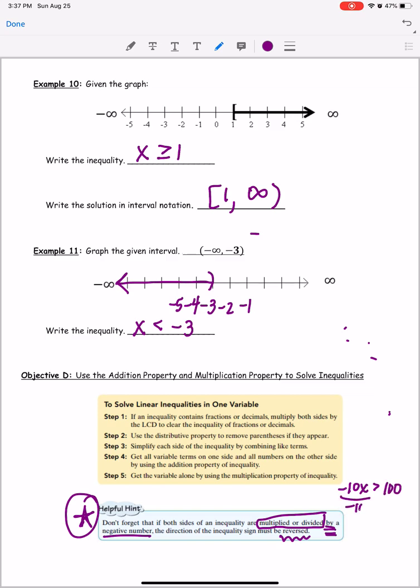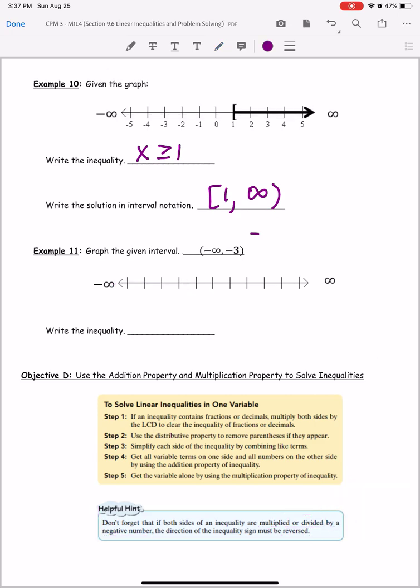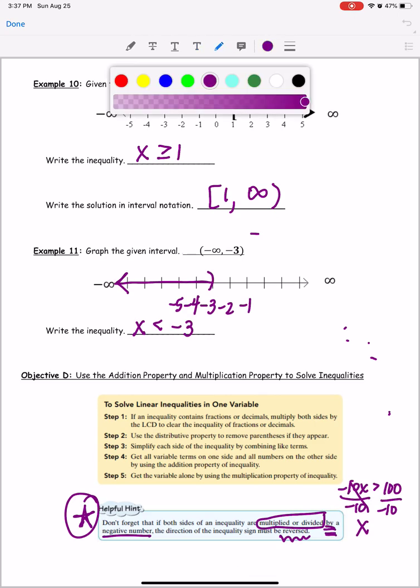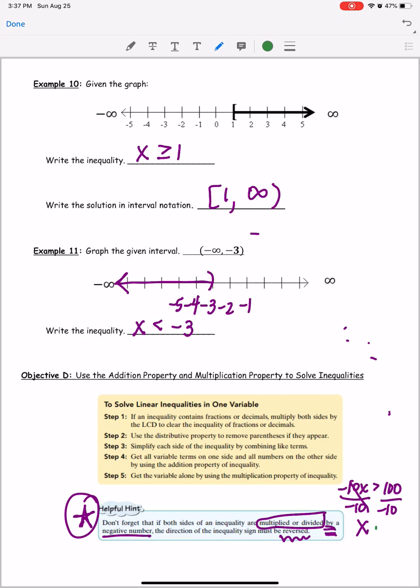When you divide by this negative number, it takes this symbol here and you've got to flip it, and so now it's no longer greater than, now it's x is less than -10. Okay, you've got to flip it. So multiplied or divide by a negative number, you're flipping that symbol.